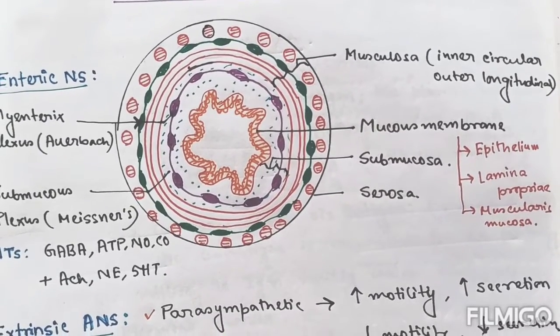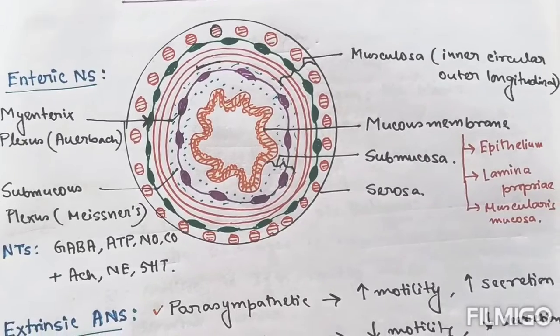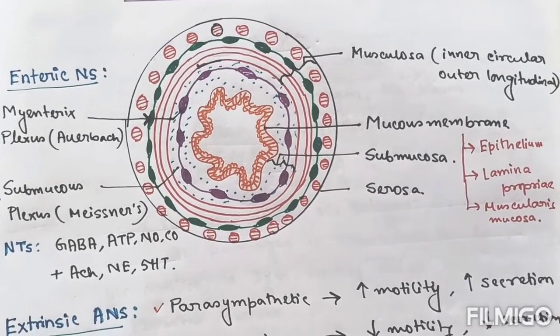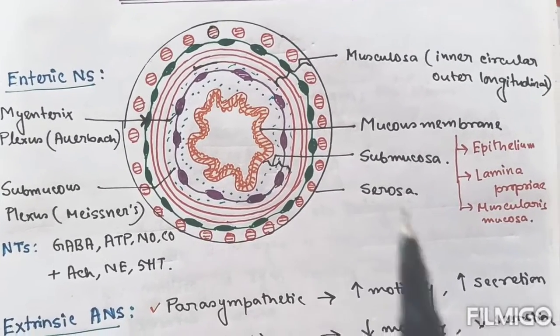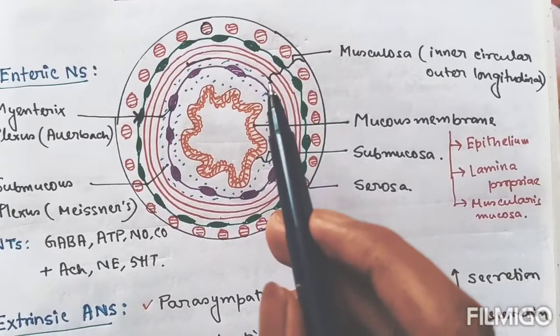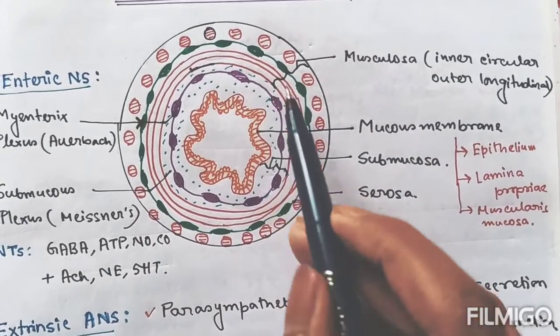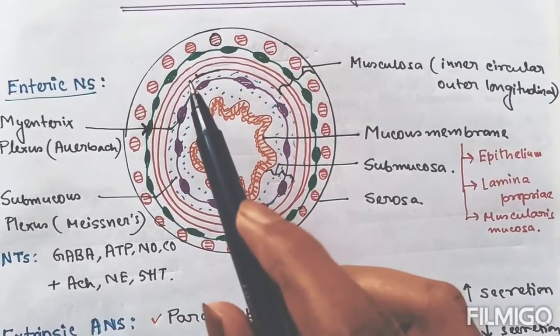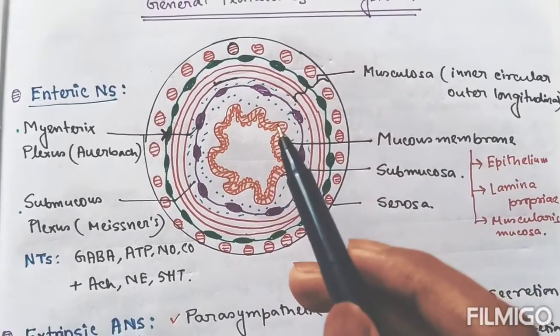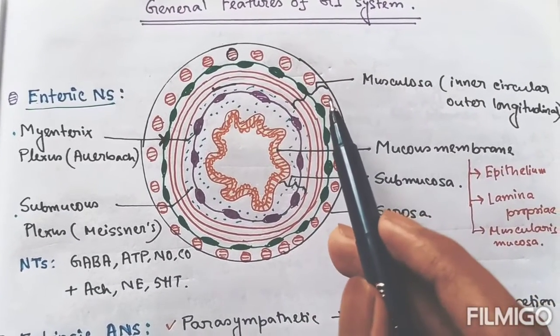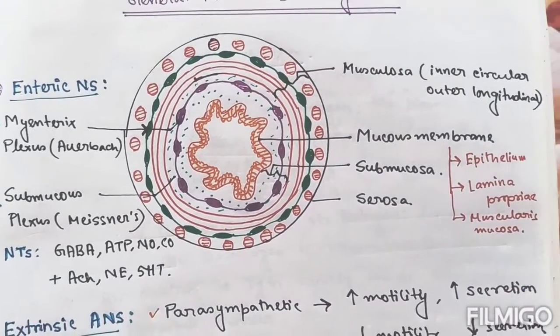Then the submucous layer, where various glands are present, and the musculosa layer has two muscle fiber layers. The inner layer is the circular muscle layer, followed by the outer longitudinal muscle layer.